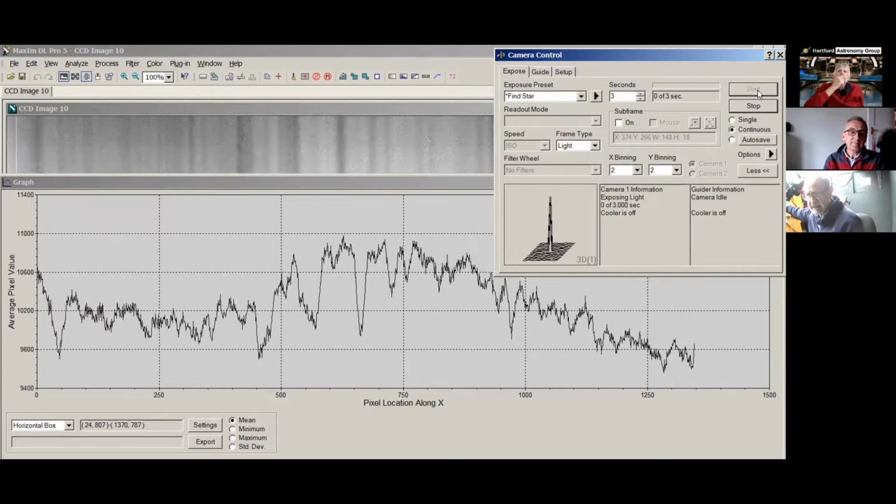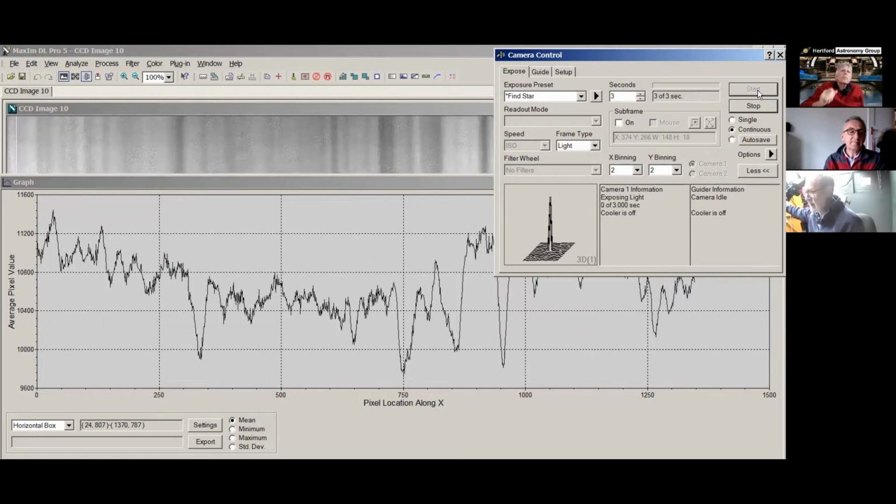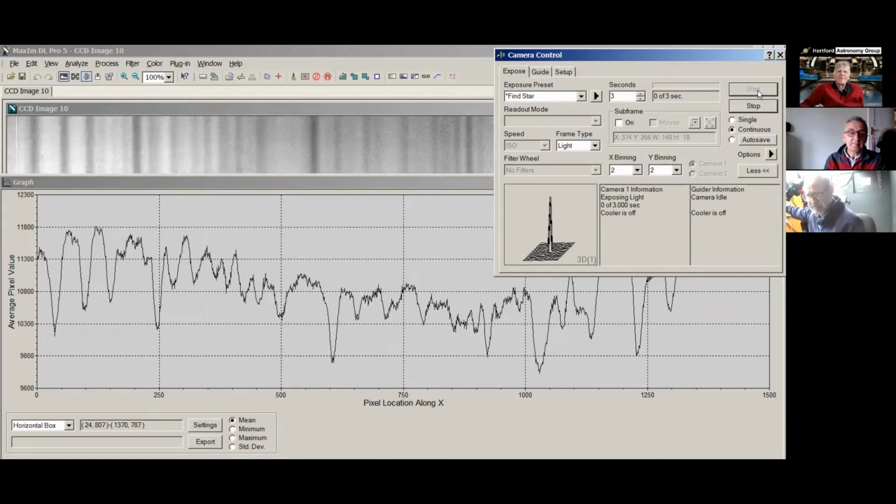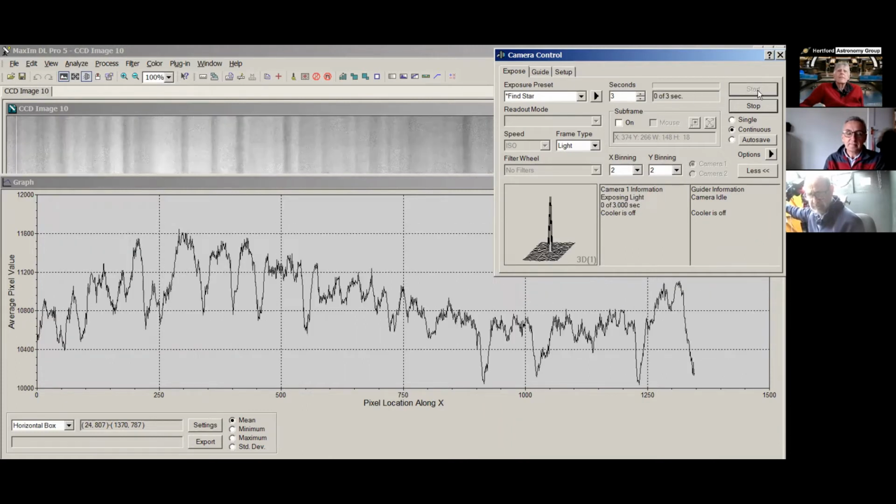Again, that would be to do with the Earth's atmosphere today. It's quite windy here as well. That may have something to do with it. So we should soon see 3 very distinct lines.